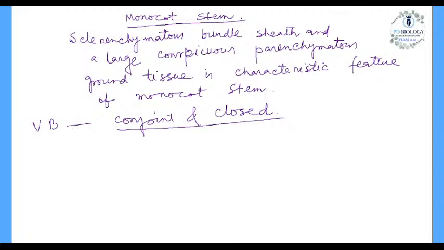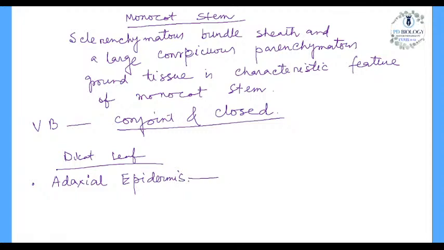Next one, the dicot leaf. In case of dicot leaf, the characteristics are adaxial epidermis. What is adaxial? It means the epidermis in the upper position.